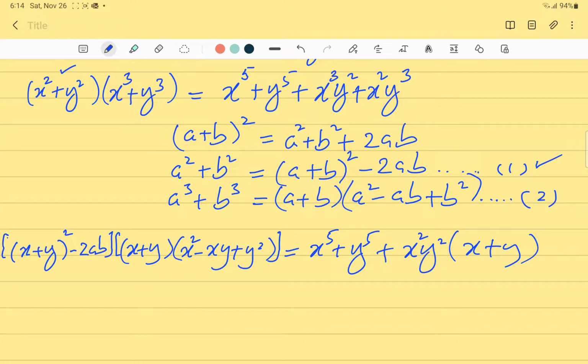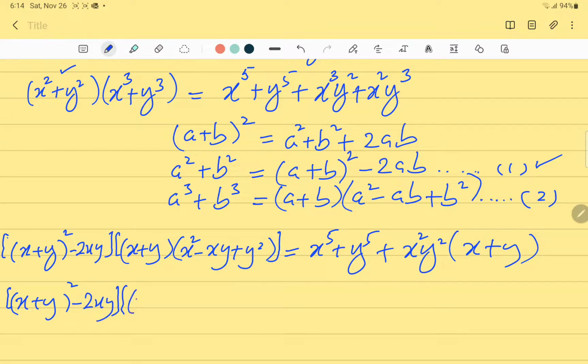Here on the left side we will do further simplification. It is (x plus y) squared minus 2xy.